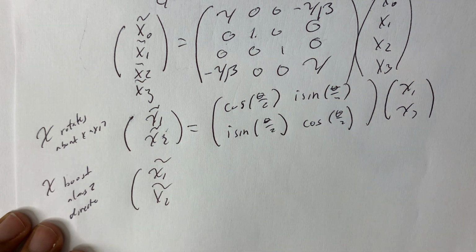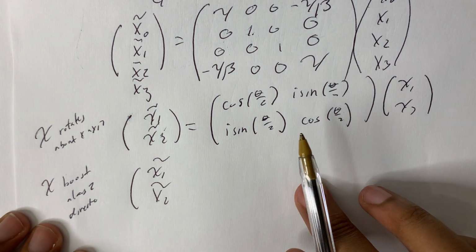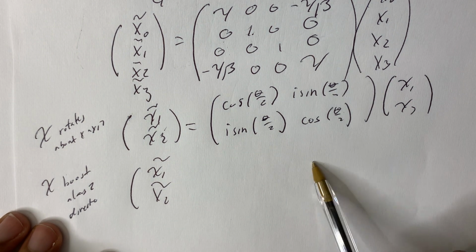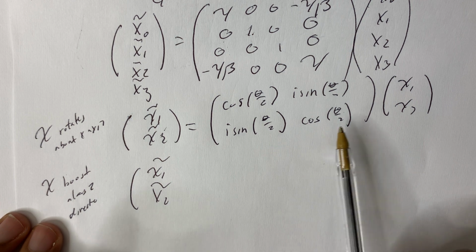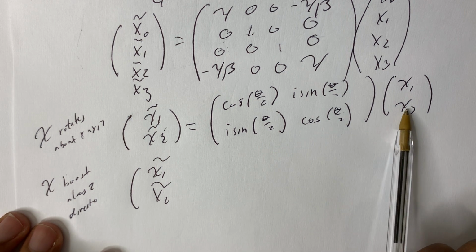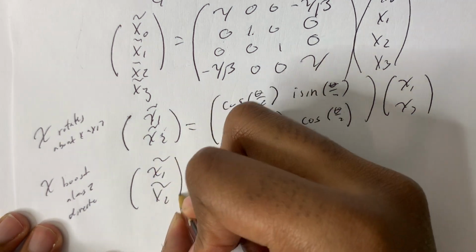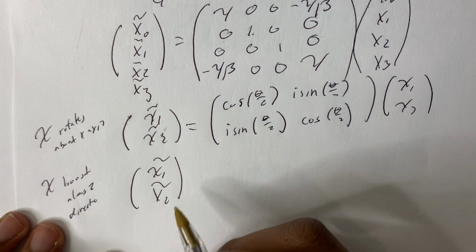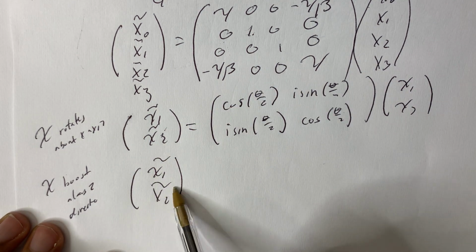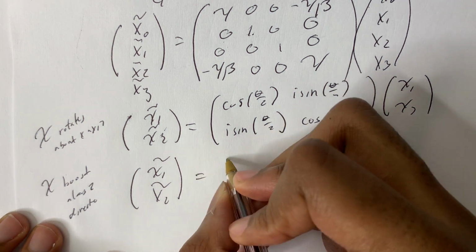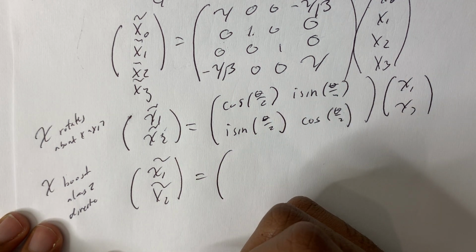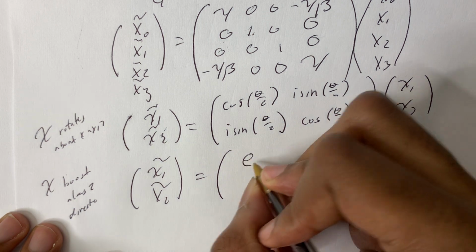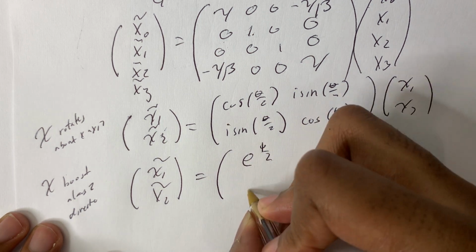You guys might be asking, how do we find these things? We can actually derive how it would transform, but just take these as a postulate for now. I don't want this video to be too long. It's already like 24 minutes right now. So you have chi 1 tilde, chi 2 tilde, going to be e to the phi over 2, 0, and so on.